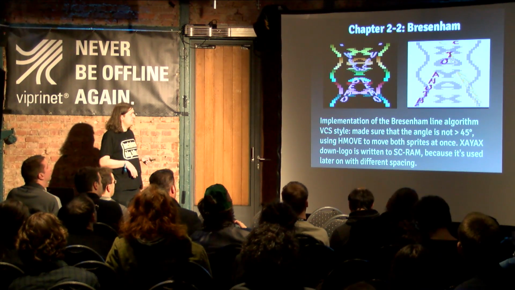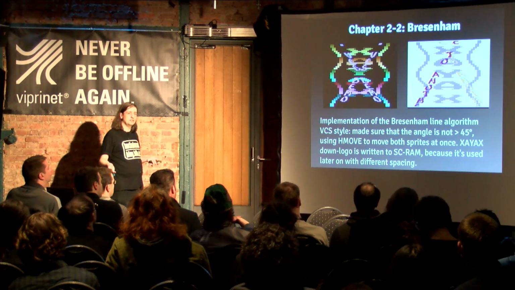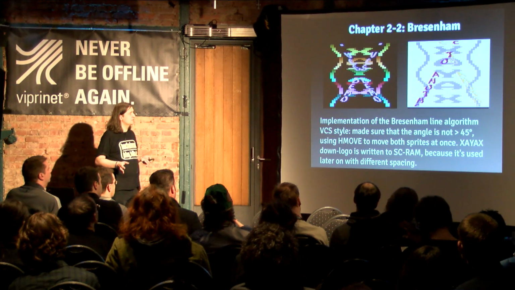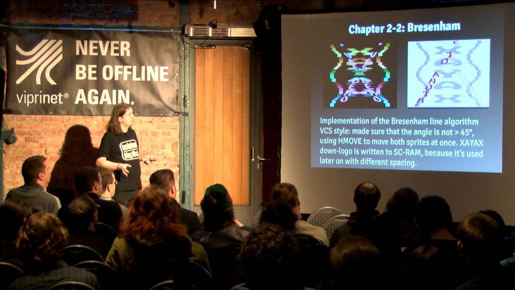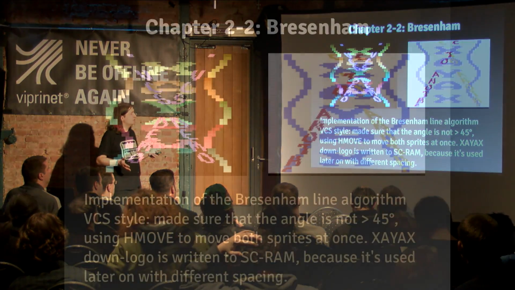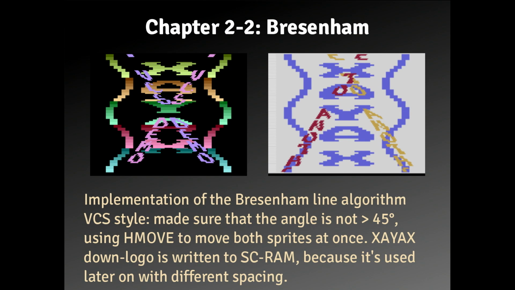Chapter 2.2, Bresenham. Bresenham is the classic line algorithm. That's the best thing you can get, and I tried to figure out if I could do something with it displaying sprites. And I had the idea of just triggering the strobe register after I've prepared which to move, and it worked out really well. And I also had the time on displaying some data.